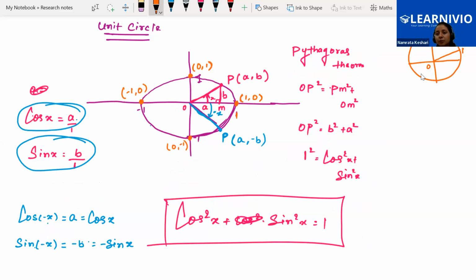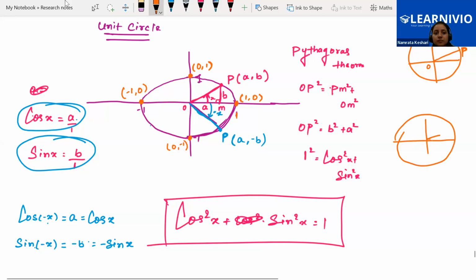Here O, here P. Now in the next scenario, I will be taking OP more close, very close.